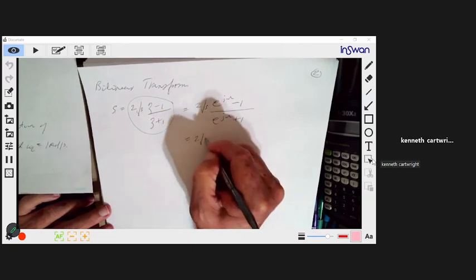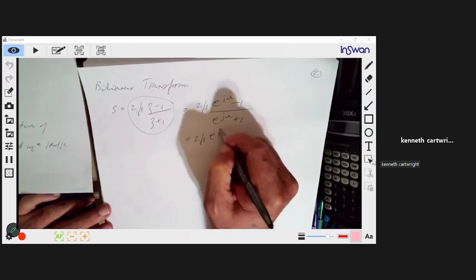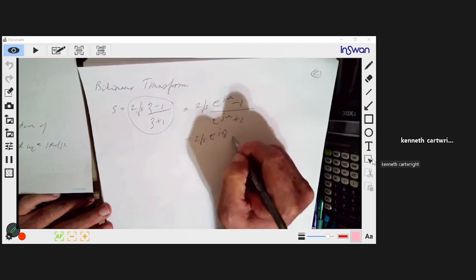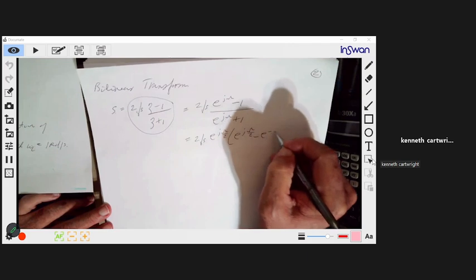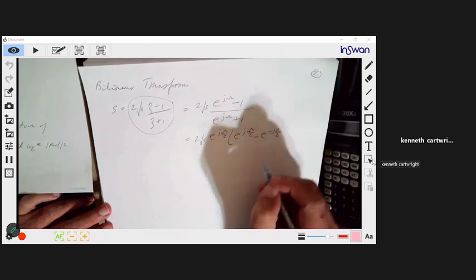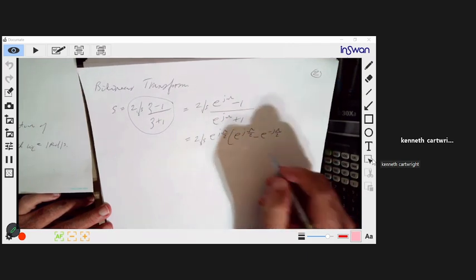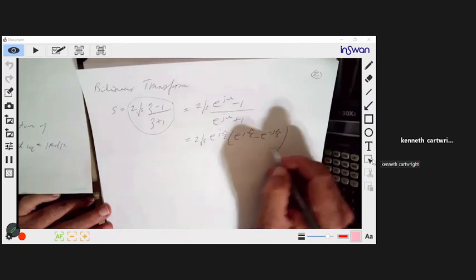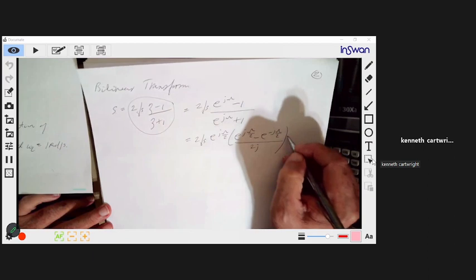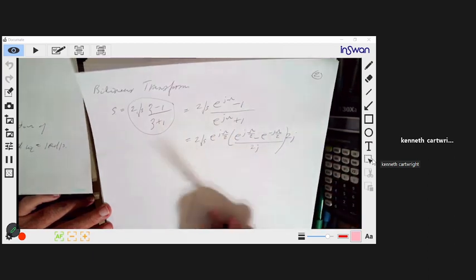So this is 2fs, e to the j omega over 2 times (e to the j omega over 2 minus e to the minus j omega over 2).